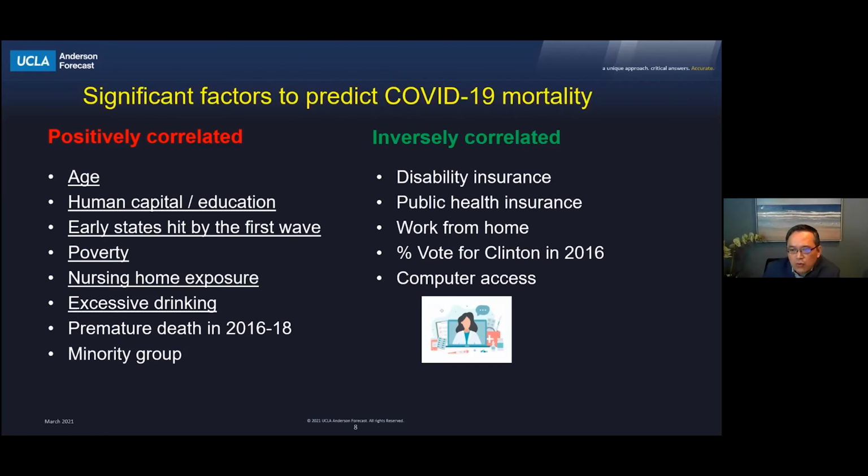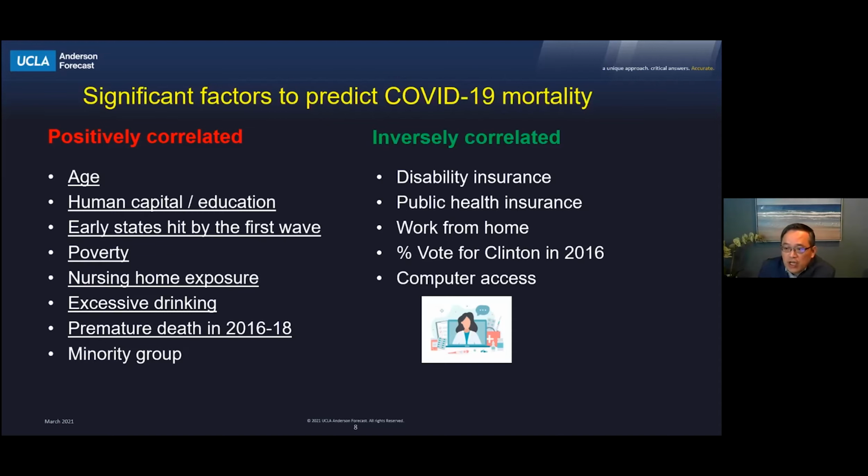And these are two health factors. Excessive drinking behavior is associated with COVID-19 death. And this is another very important health factor: premature death before age 75 due to all kinds of disease like cancer. Note that this is a measurement based on 2016 to 2018 data by county.